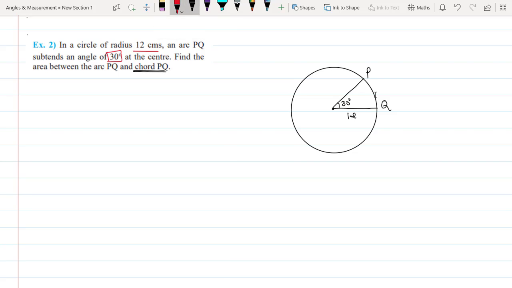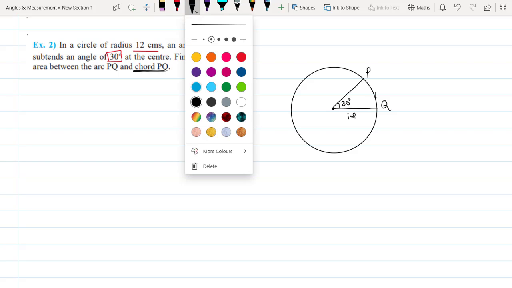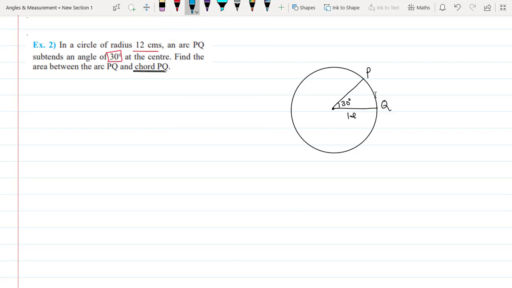Where will the chord PQ lie? So this is the chord PQ. Is it visible to everyone? Now which area do we want to find out? The area between arc PQ and the chord PQ.